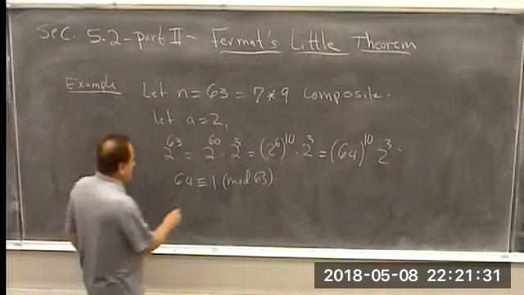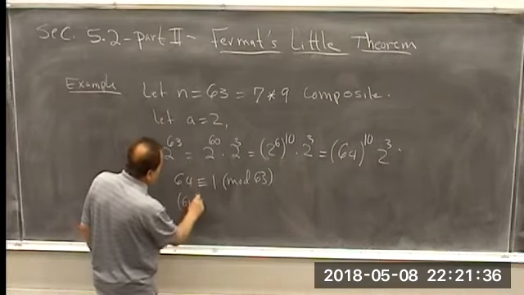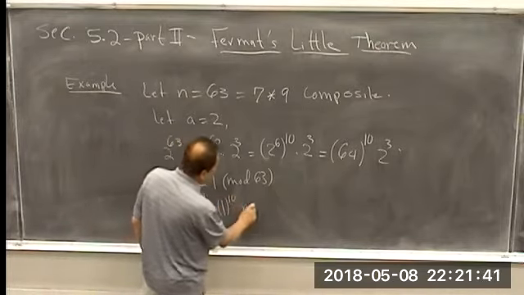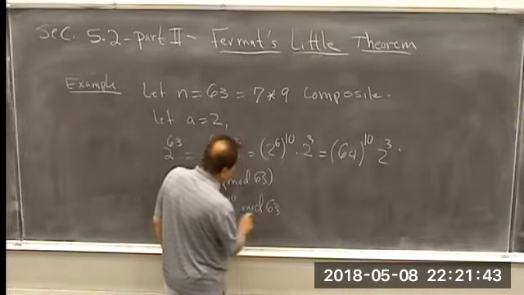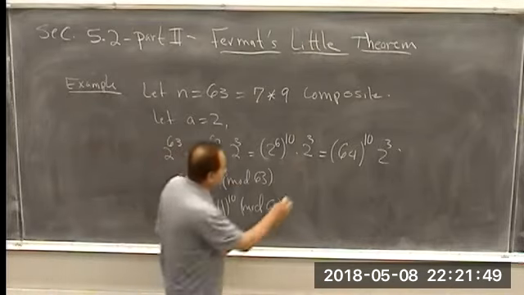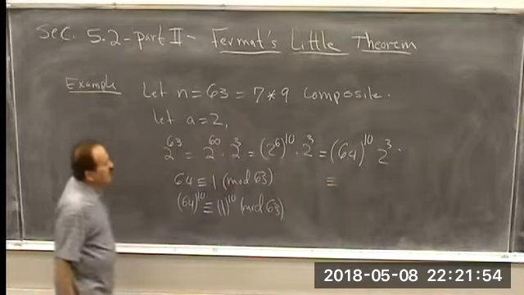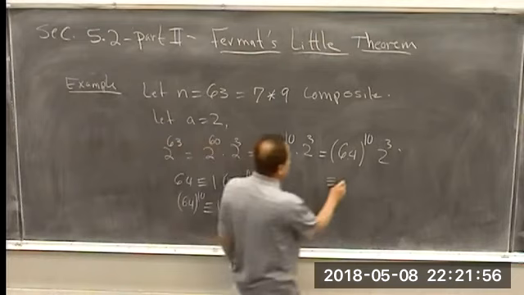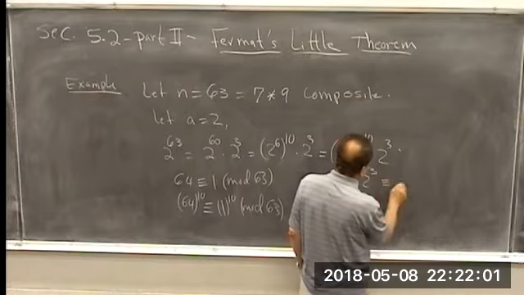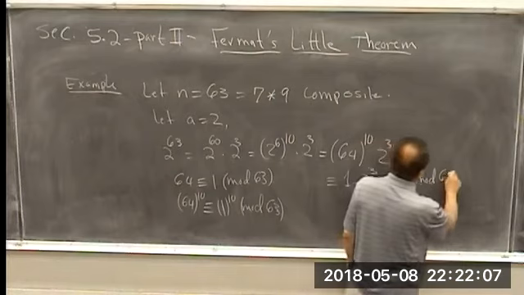This means that when I take the 10th exponent, this becomes congruent to 1 to the 10th exponent mod 63. So now this is congruent to 1 times 2 to the third, which is of course 8 mod 63.